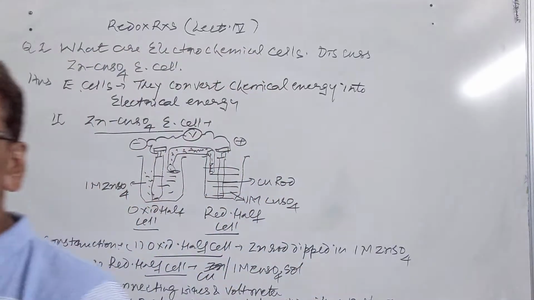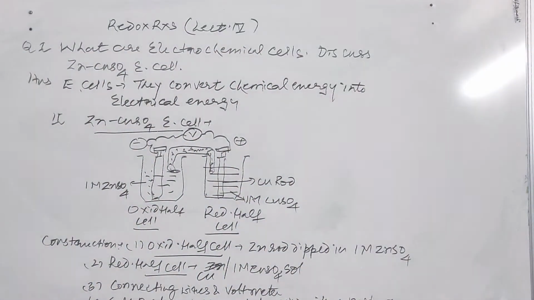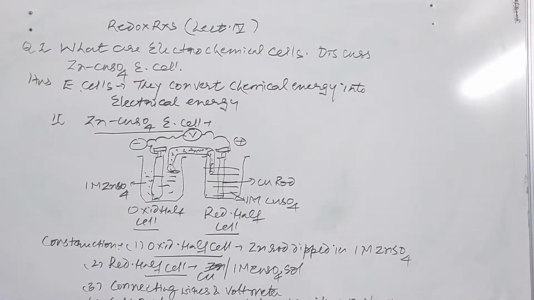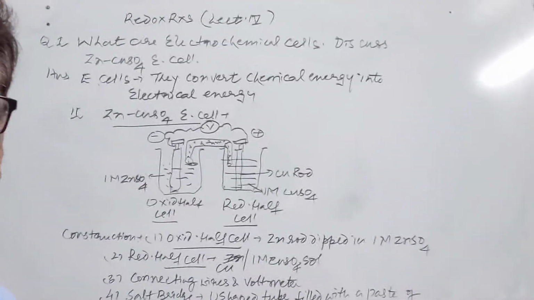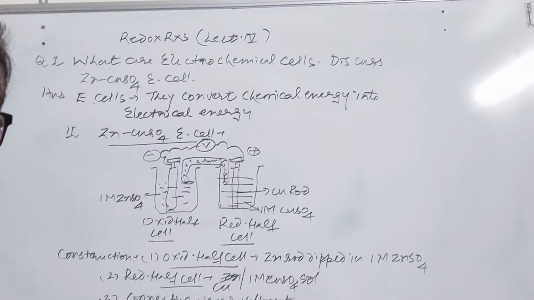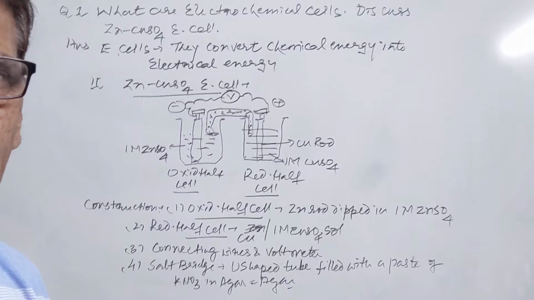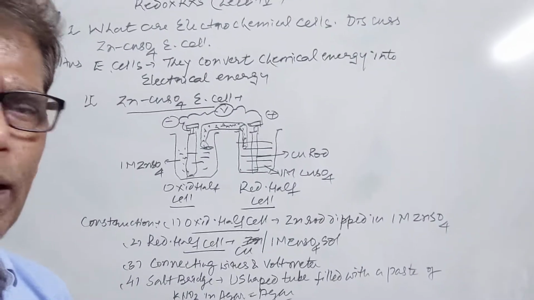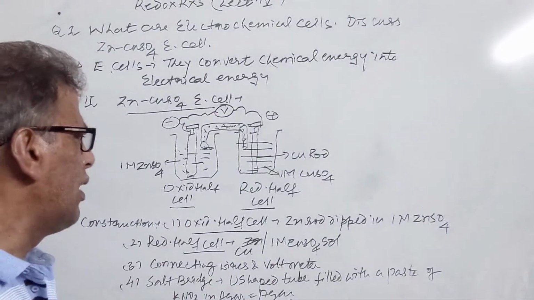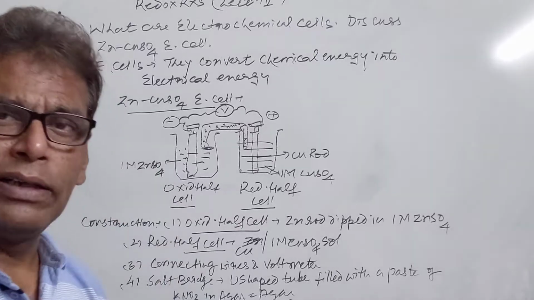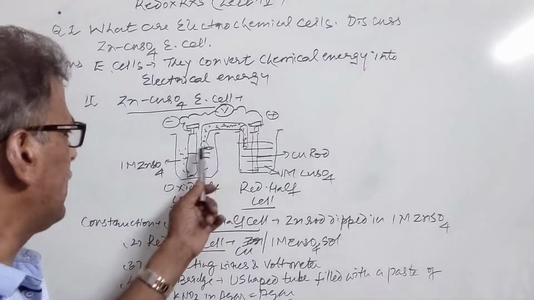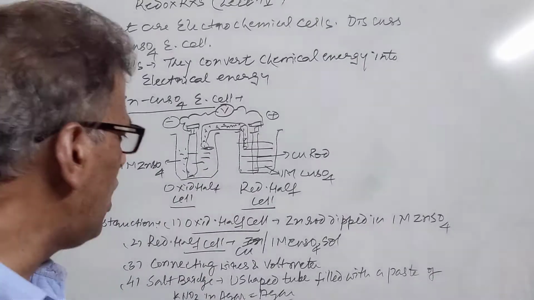So this is the construction of your zinc copper sulfate electrochemical cell, which involves two half cells, the oxidation half cell and the reduction half cell, and these two half cells are connected externally through connecting wires and voltmeter. They are connected internally through the salt bridge.